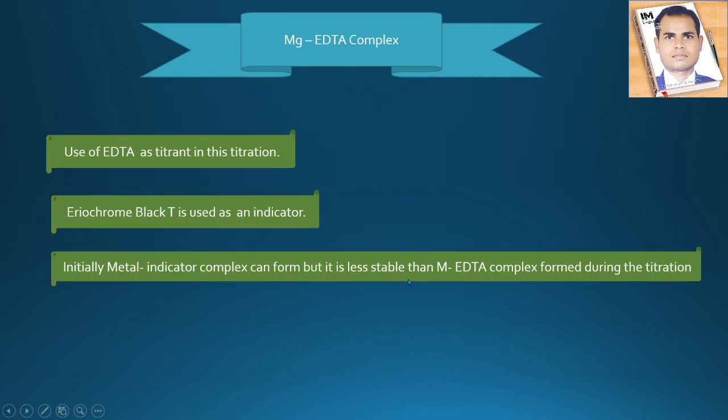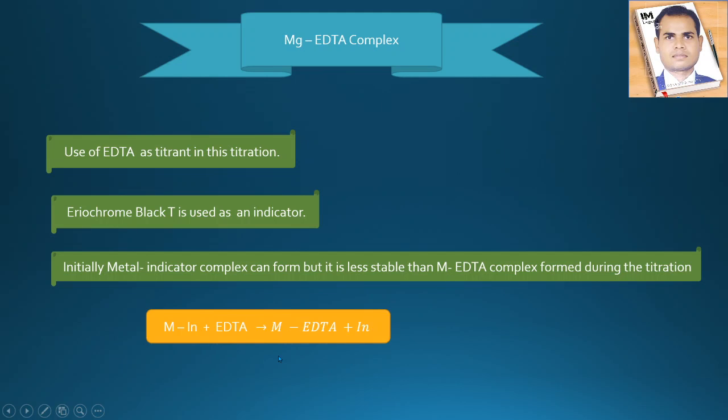Then you will see the reaction: metal indicator plus EDTA gives metal EDTA plus indicator. So like this the complex will form when you add the indicator, the metal sample, and the EDTA. In this way the metal EDTA complex will form.